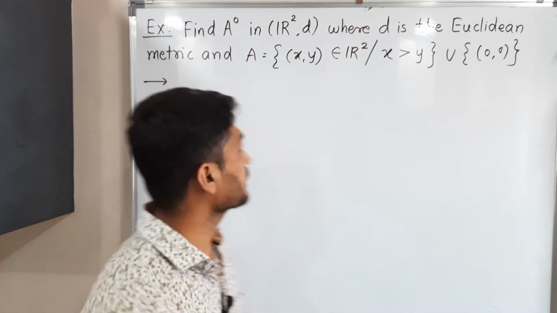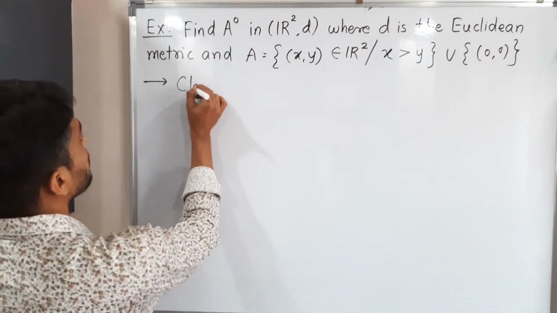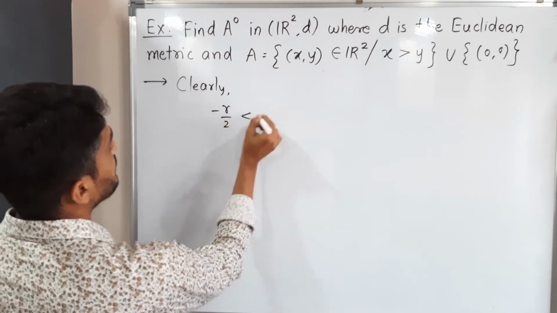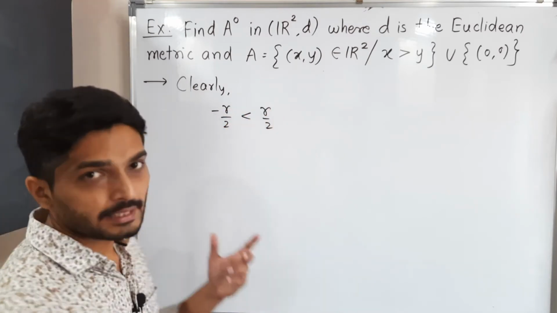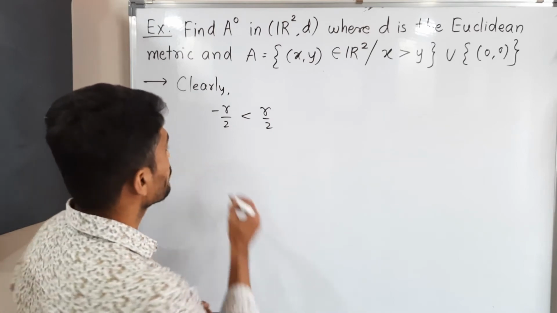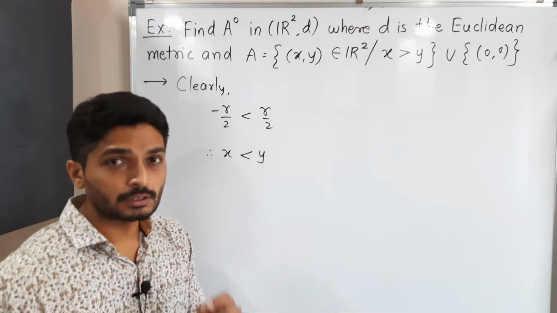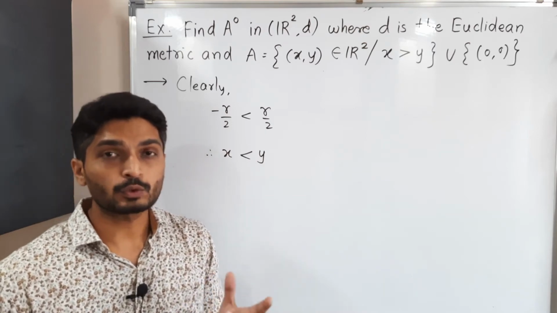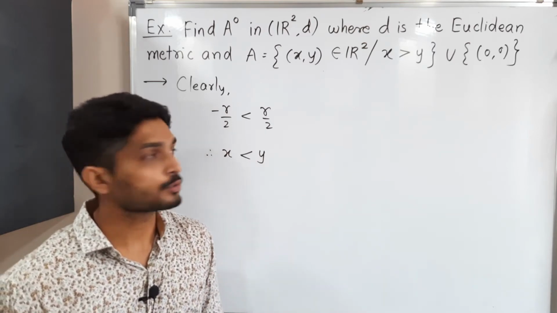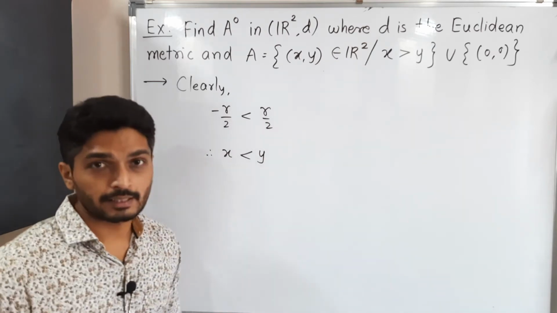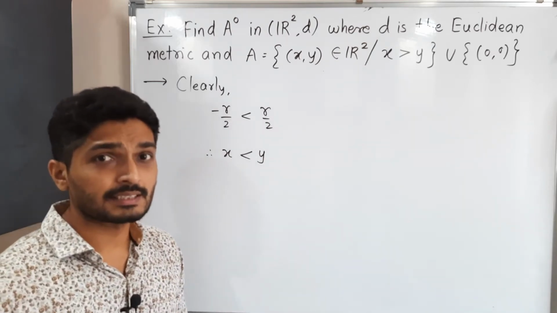So clearly, -r/2 is less than r/2, since it has a minus sign. So therefore x is less than y, since -r/2 was the x coordinate and r/2 was the y coordinate. Actually we should have x greater than y, but we are getting x less than y.